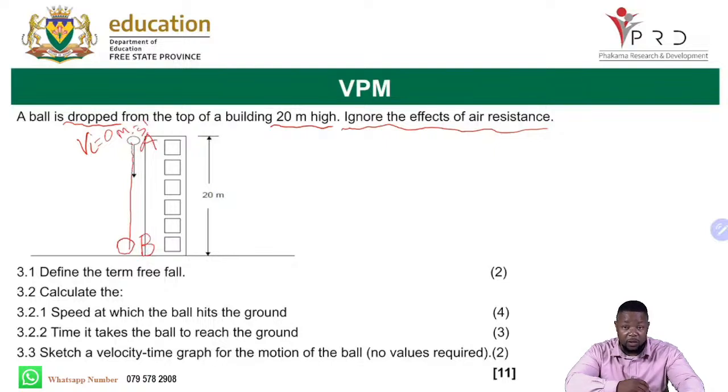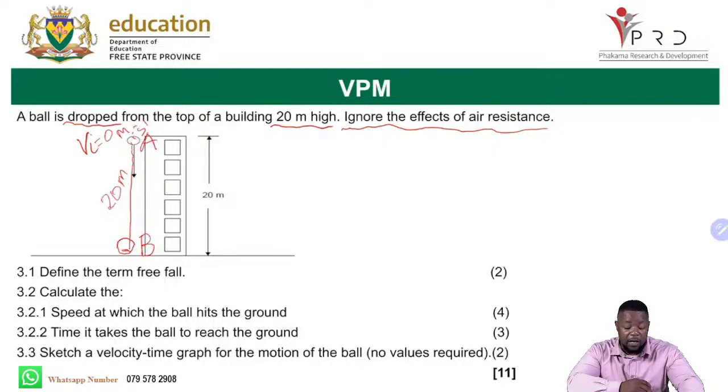And the question is looking for that particular speed. If we look at point A and point B, we can see that the displacement of the ball while moving from A to B is 20 meters. We can see that because we have drawn the trajectory.